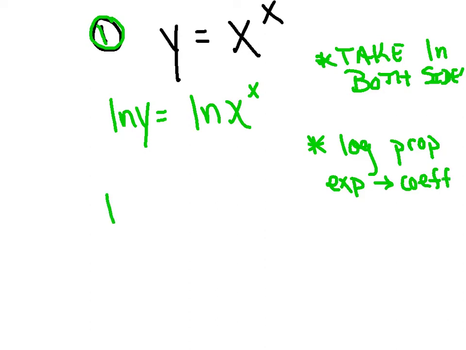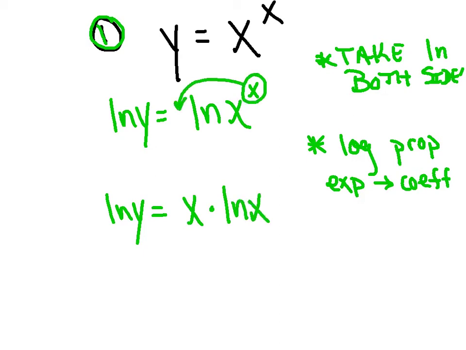Okay, so I could rewrite the right side as x times the natural log of x. All we're doing is grabbing this rascal here and sliding him down into the coefficient's position. Now we are ready to do some serious calculus here and take the derivative of both sides. The left side is very interesting.